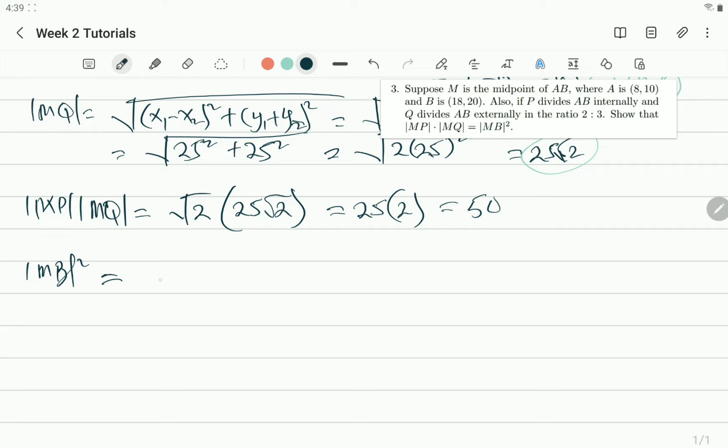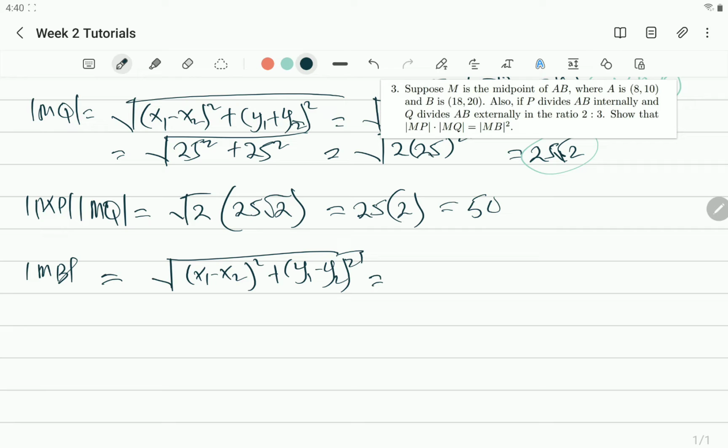The length of MB is just going to be the square root of x1 minus x2 squared plus y1 minus y2 squared. But we are dealing with the square of this formula. Or you can just calculate MB, and once you are done, you calculate MB squared. So let's assume we are calculating just MB, so we go with just this formula.